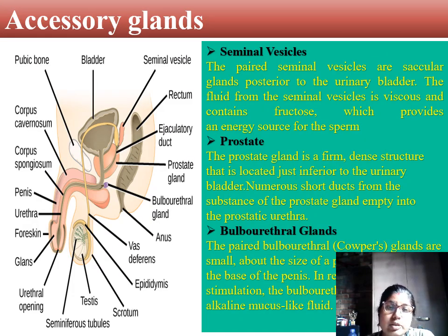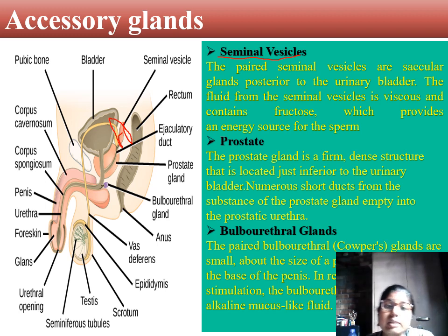So here are the accessory glands of the male reproductive system. Firstly, the seminal vesicle is located posterior to the urinary tract. Below that the prostate gland is located, and below the prostate gland the bulbourethral gland is located.